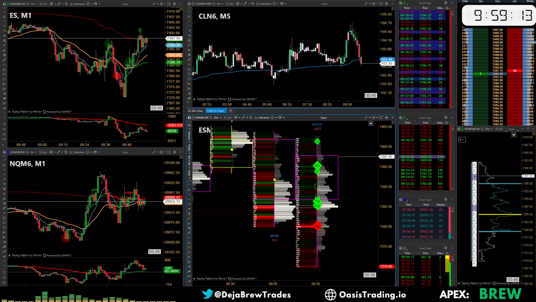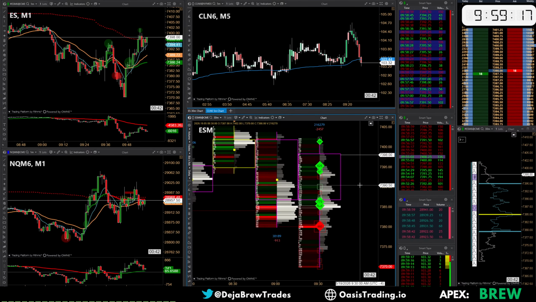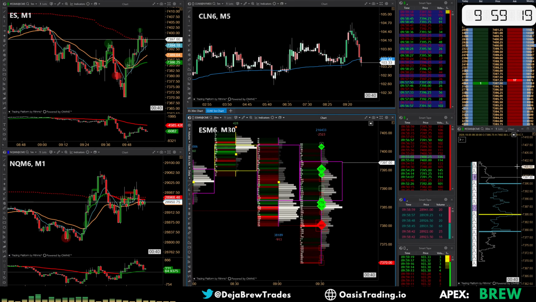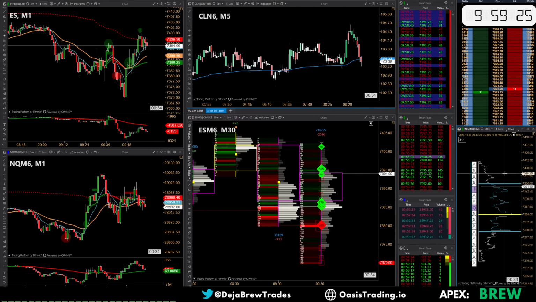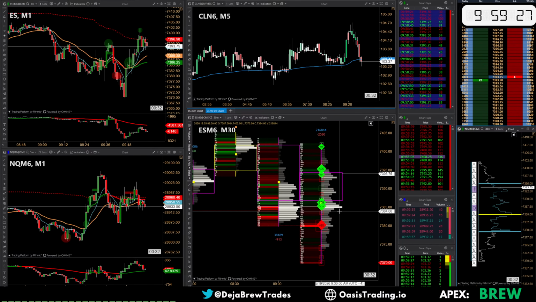The 1 minute candle yesterday, yeah, that was an Iran headline that caused that massive spike out of nowhere. Most likely just algorithms trading it.